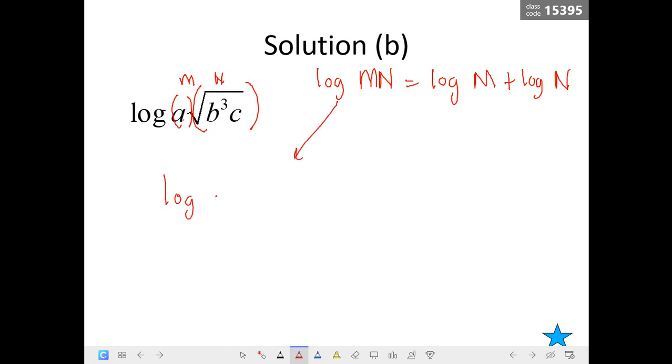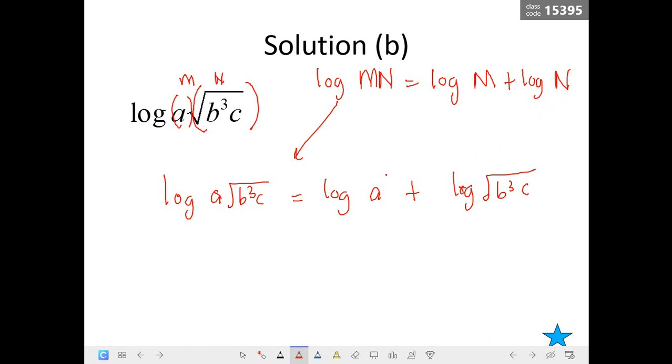Log M, where M is A, N is the cube root of B cubed C, is equal to log A plus log N, where N equals the cube root of B cubed C.